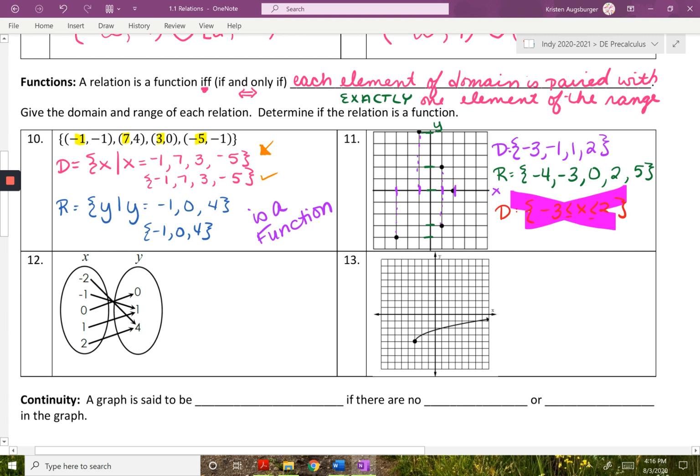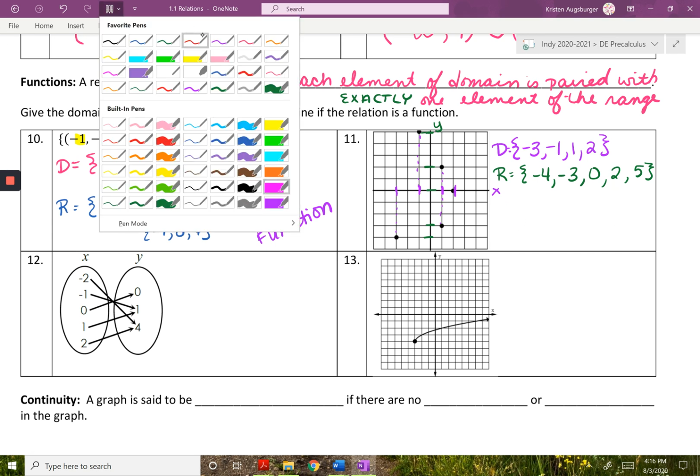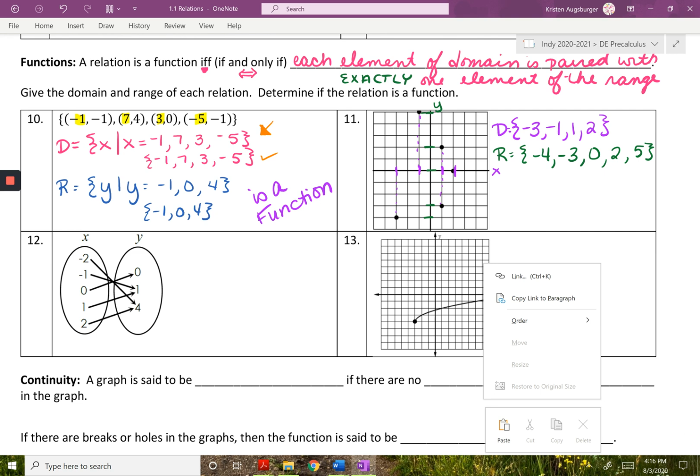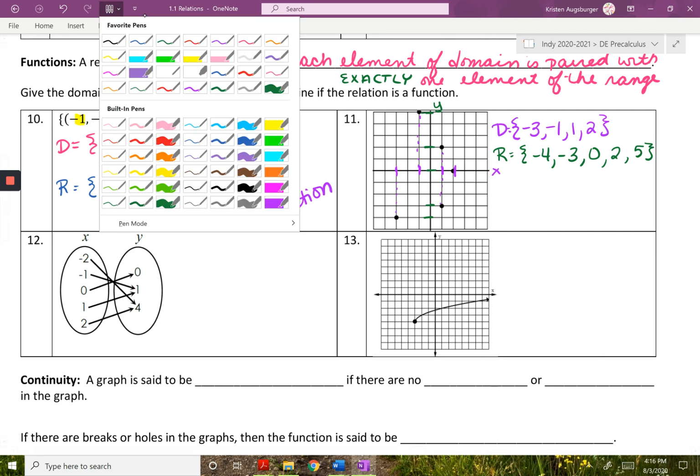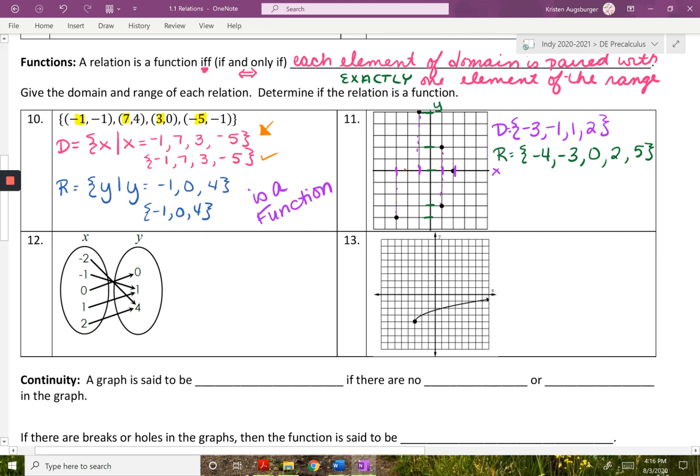You will never write that, and the reason why is that, for the little piece in between, I don't actually have a point. I have to be careful and make sure I list only the exact values that are on my graph.